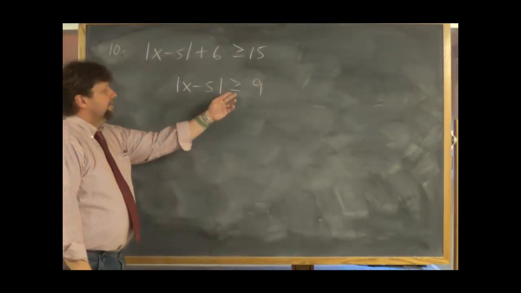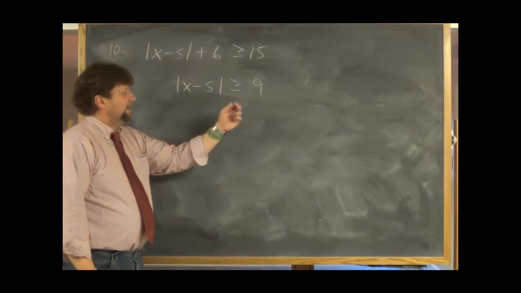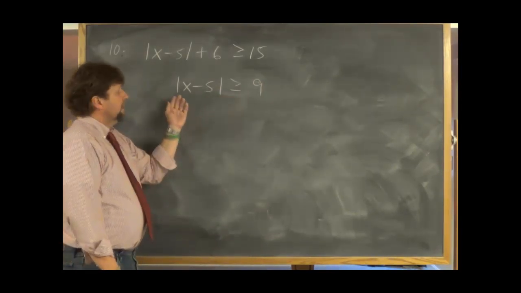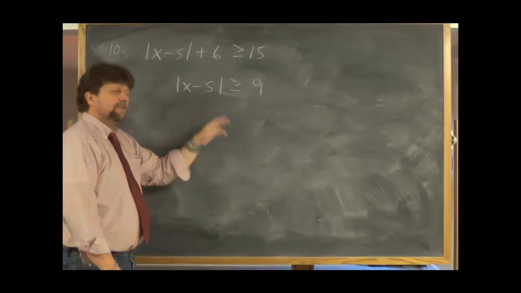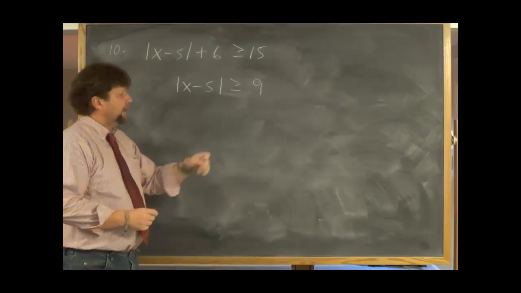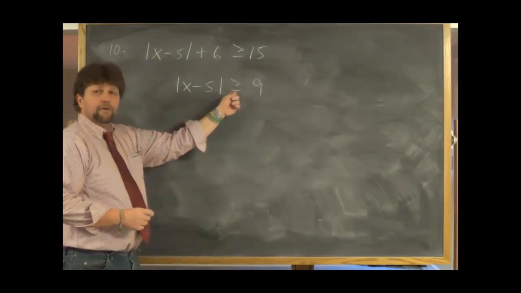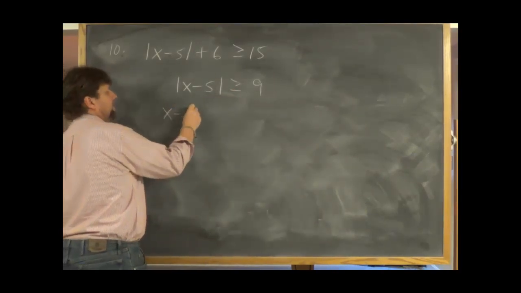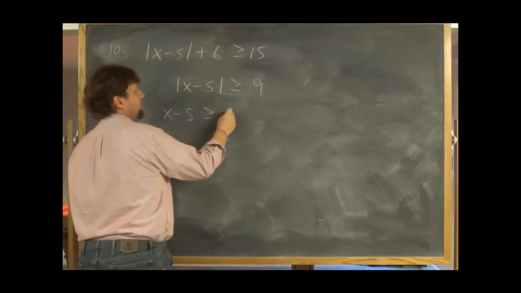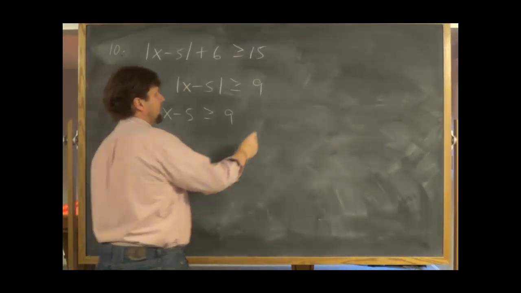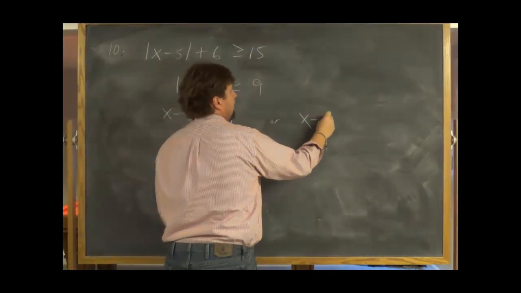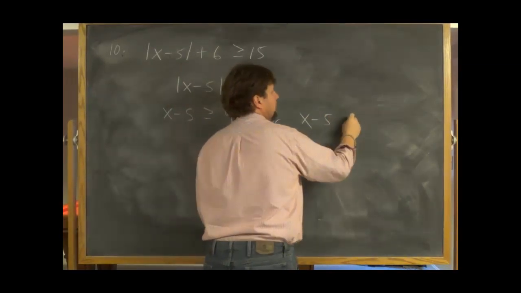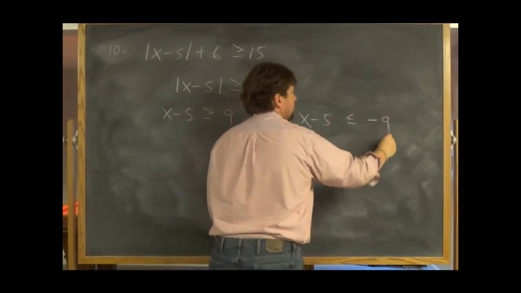Now, since it's a greater than or equal to 9, the way we set up to solve an absolute value inequality when we have the greater than or equal to, I write down that x minus 5 has to be greater than or equal to 9, or the x minus 5 has to be less than or equal to negative 9.